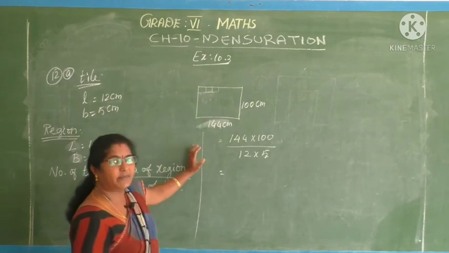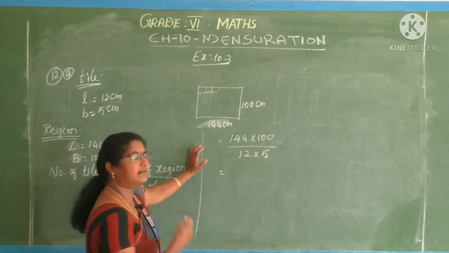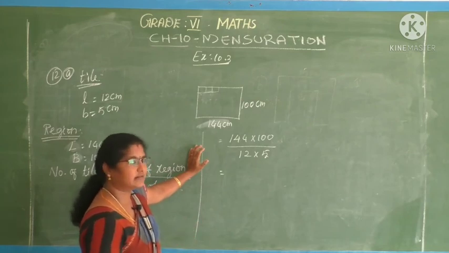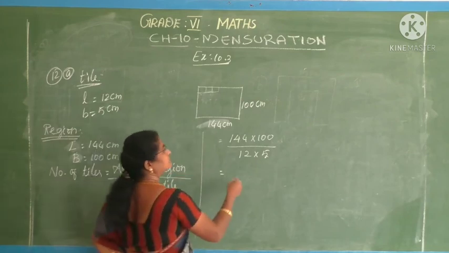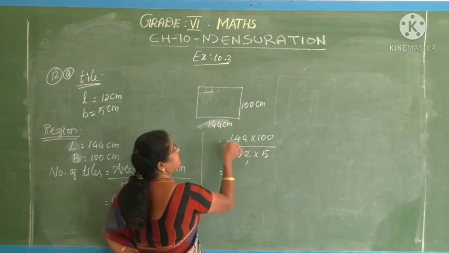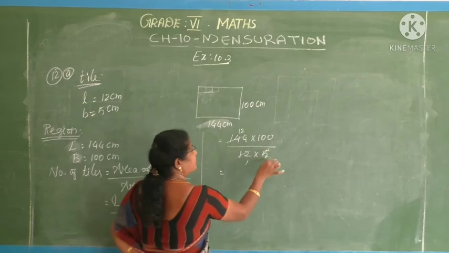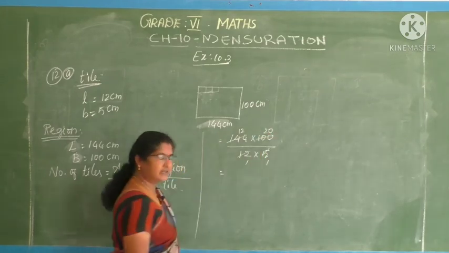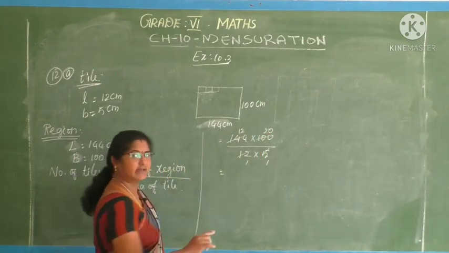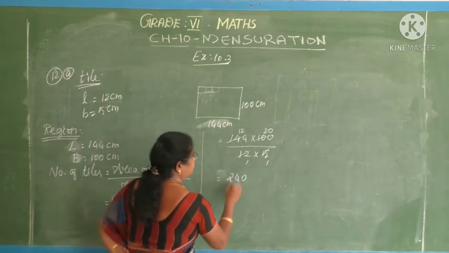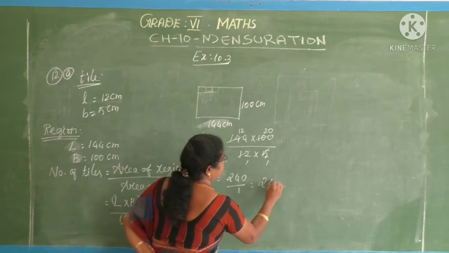Now we can simplify: any common divisor in numerator and denominator we can cancel. 12 12s are 144, 20 5s are 100. The denominator is cancelled, only 1 remains. Numerator 240 divided by 1 is 240.